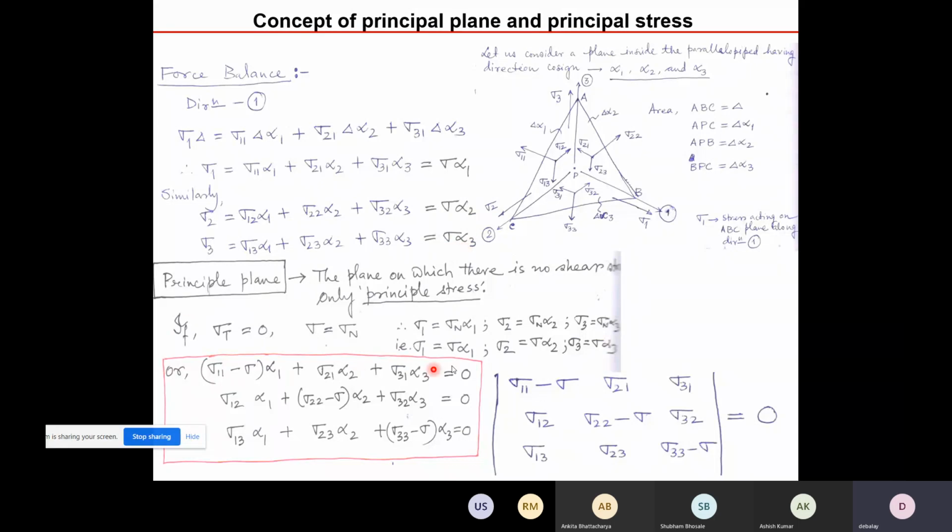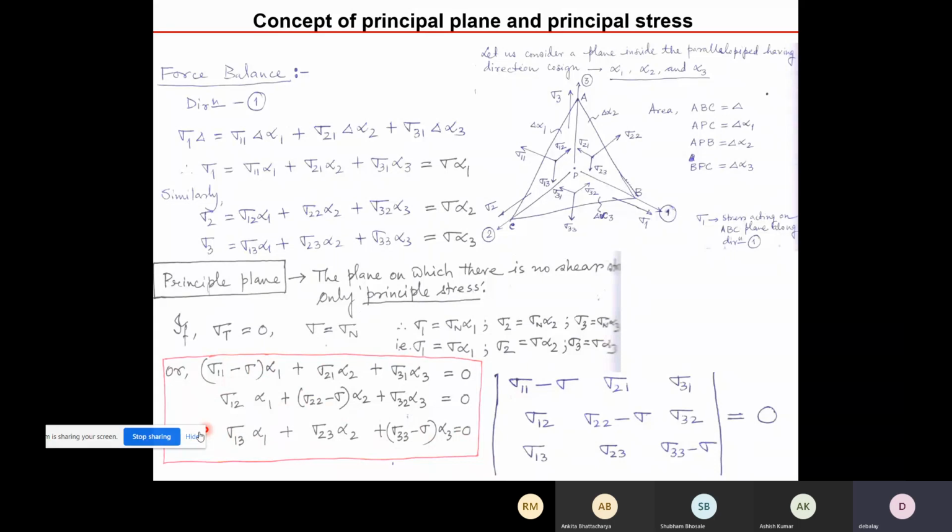Taking it to the other side, you can find the 3 expressions are now set for principal planes. Now for these 3 expressions to be valid, I want to find the solution. I want to determine 3 values of sigma for which this solution can be achieved. There can be 3 possible values of sigma.